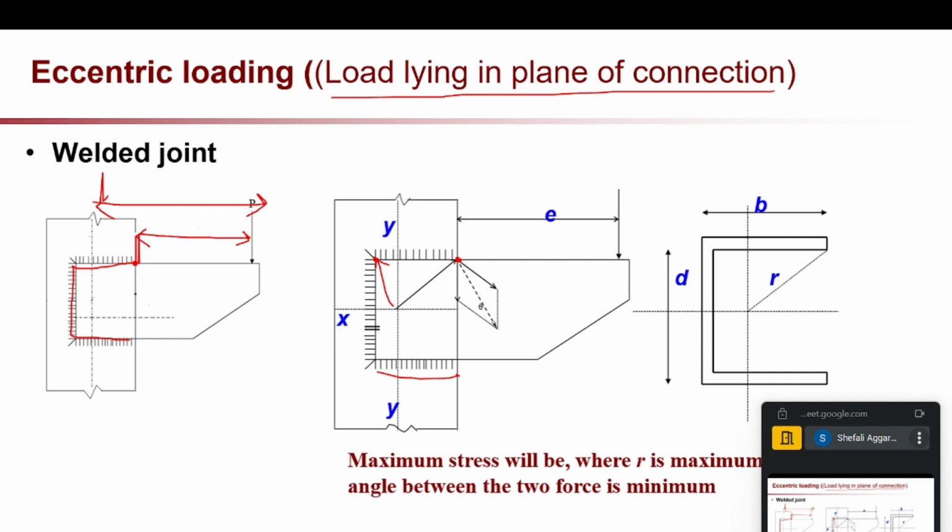We will see the calculation for this. At this point, if this is our R and this is our R dash, and we calculate our bending stresses, the more the R value, the more the stress value, right? And therefore we say this is our critical point, this and this. These two are critical points, not these two.